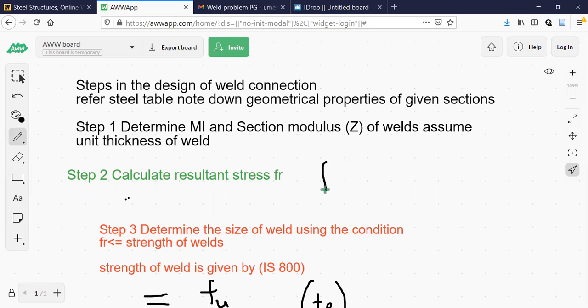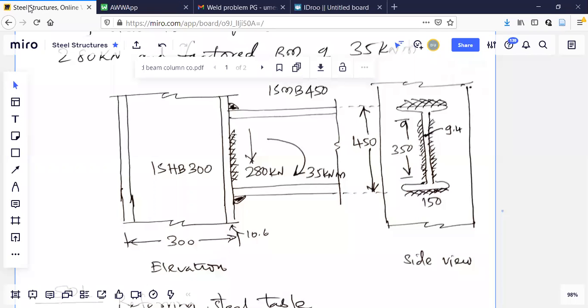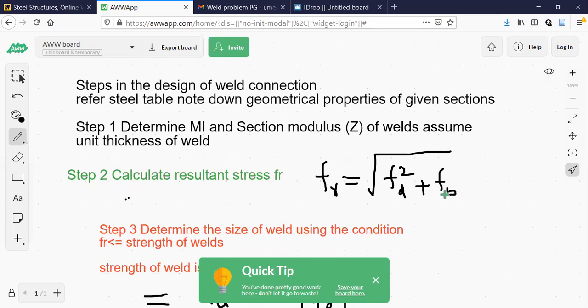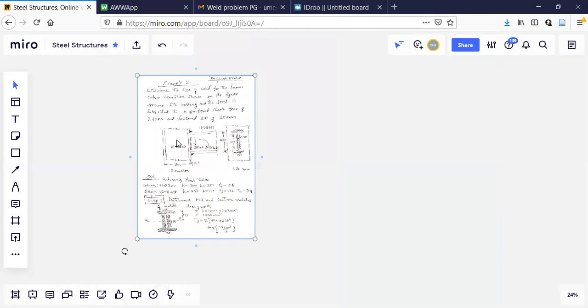The resultant stress: you can see the weld line is subjected to both bending moment and shear, 280 kN and 35 kN meter. This formula is taken from strength of materials. It is the square root of direct stress squared plus bending stress squared.